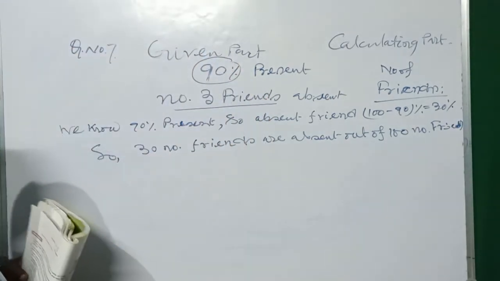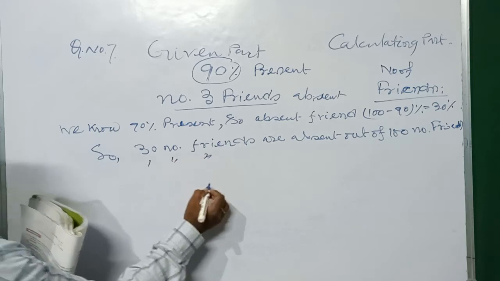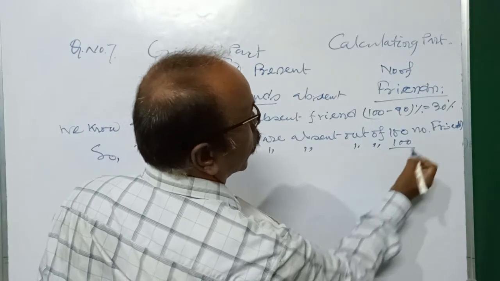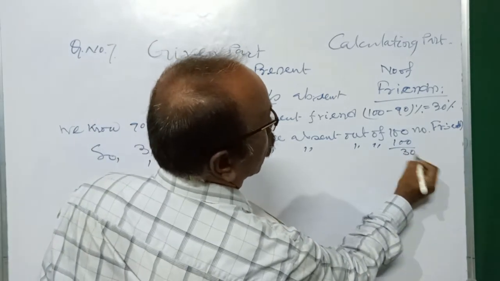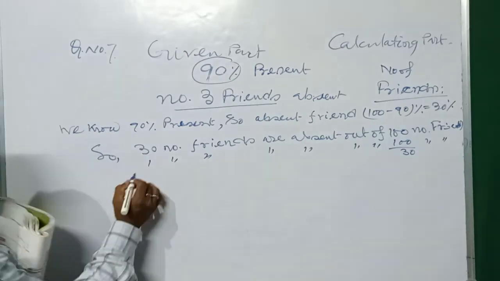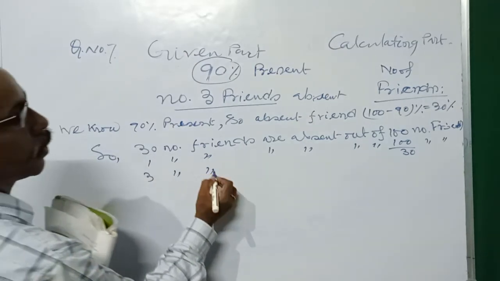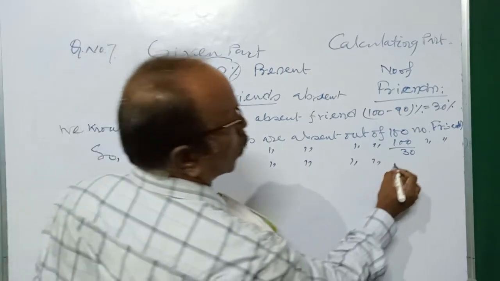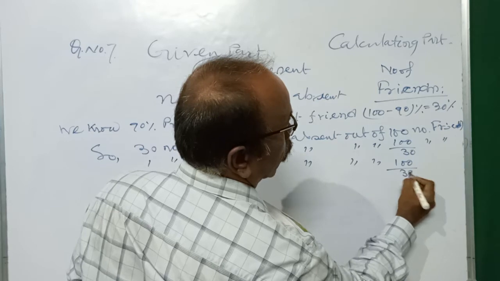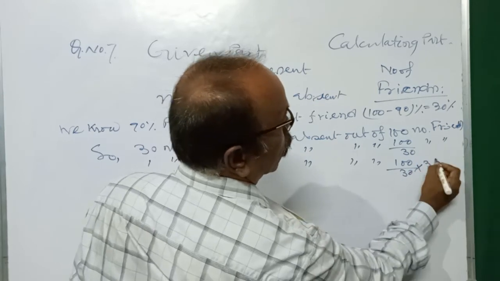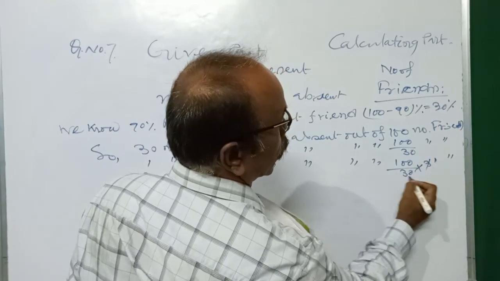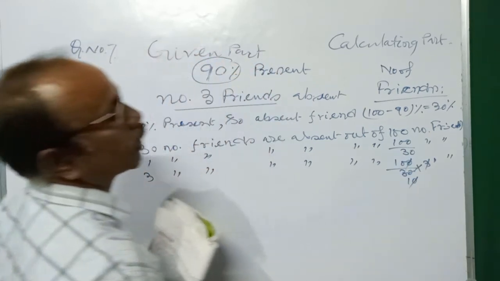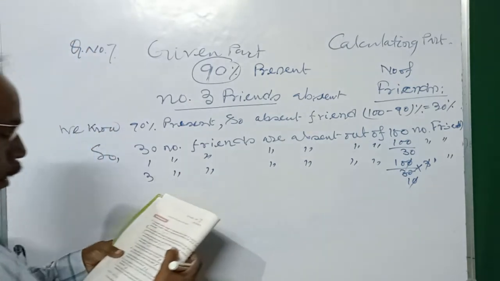Am I clear? 1 number of friends is absent out of 100 divided by 30 number of friends, and 3 number of friends are absent out of 100 by 30 into 3 number of friends. 3, my dear student, 3 numbers here.